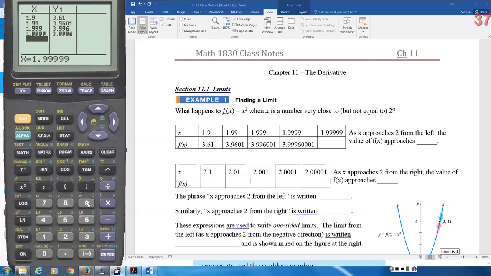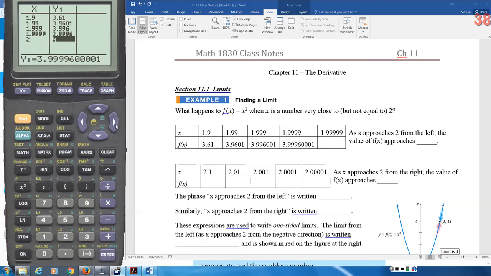So when I hit enter, look what it tells me I just typed in. That's not really 2. It knows that that's 1.99999 because I typed it in, and that's the number that it used. But it couldn't show me all of that number, so it changed it to a 2.